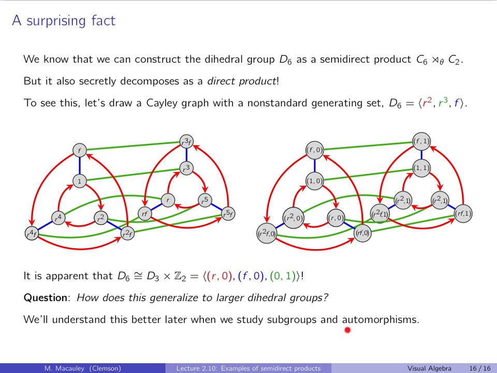There's a reason why this thing works, and it has to do with the fact that this element here, R cubed, commutes with everything. That's not a sufficient condition, but we will understand in terms of subgroups how to tell when a group decomposes into a semidirect product, and we'll be able to see that visually on a subgroup lattice within a matter of seconds.